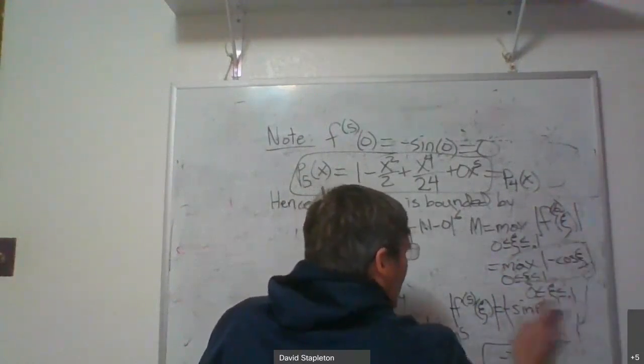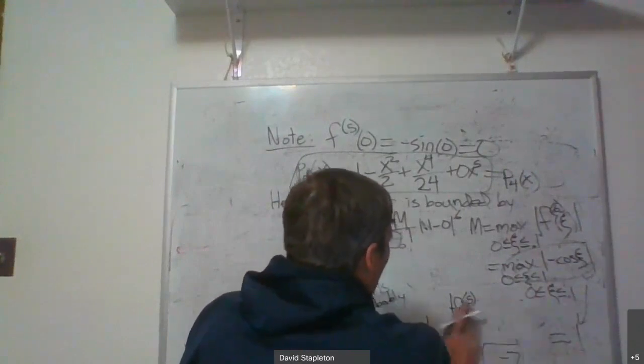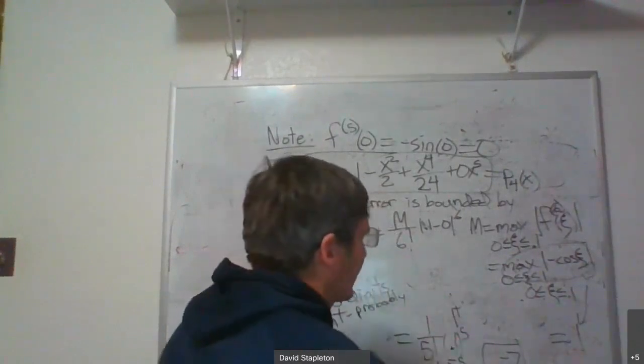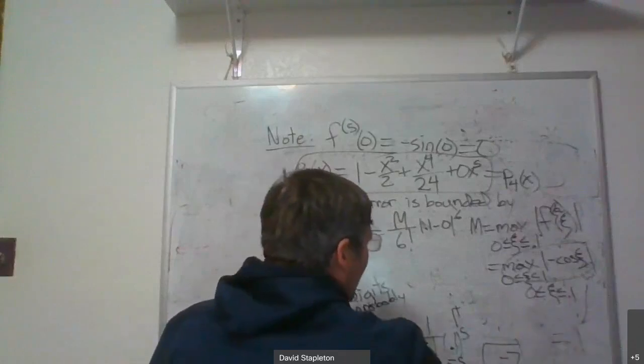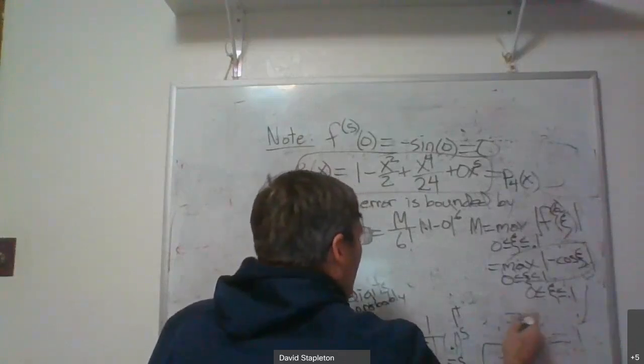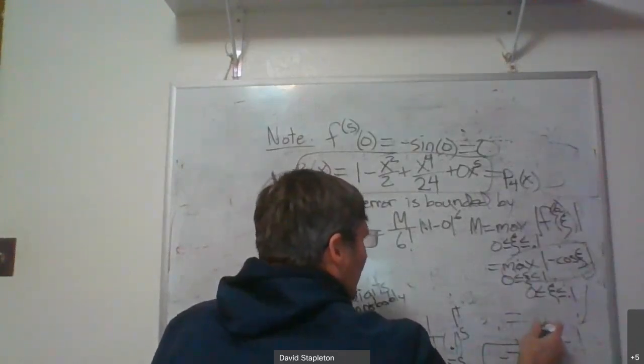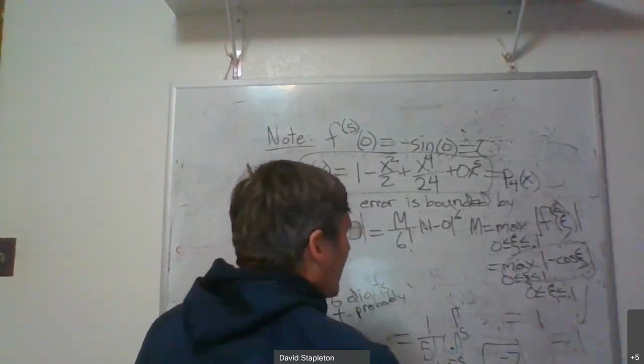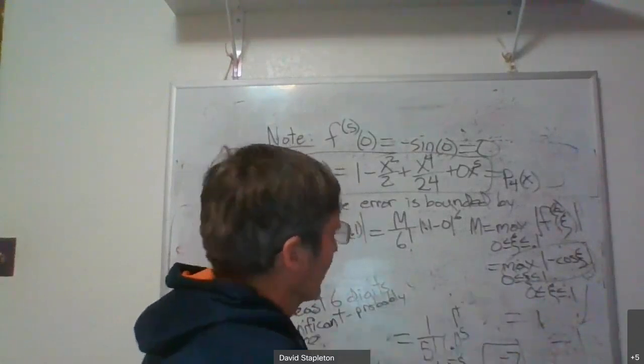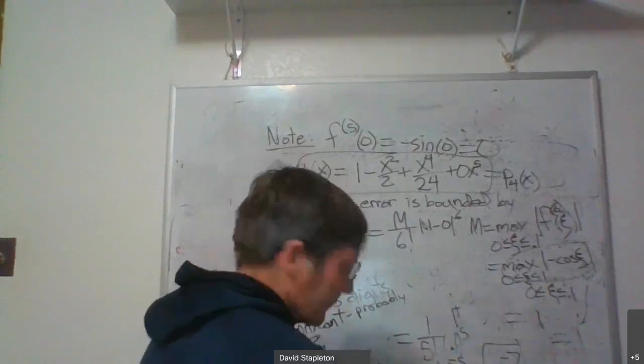Bounded by 1, right? We could have actually done better on the sine because the interval is always real small. We'll say this one is almost 1. In fact, it takes on the value 1 in this case at x equals 0.